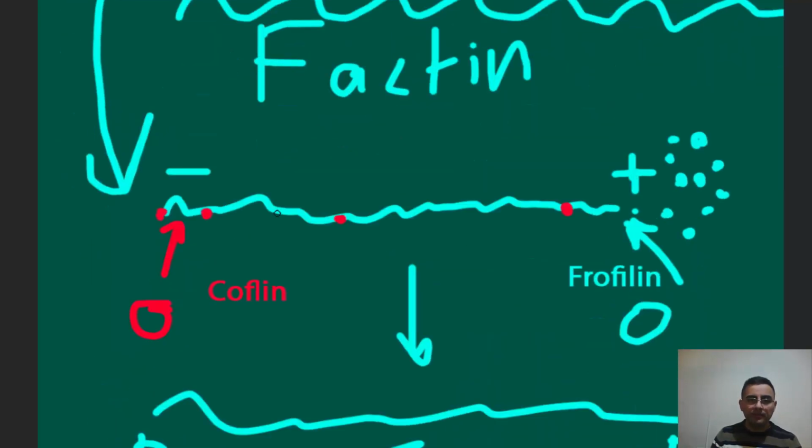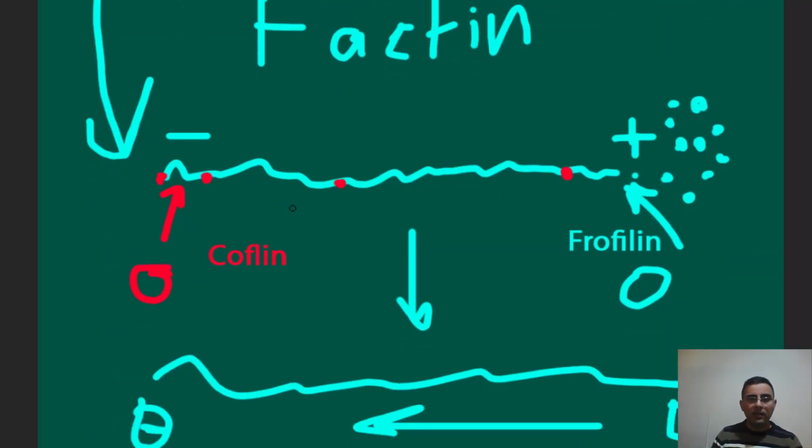F-actin. Microfilaments are polarized. This side is plus, this side is minus. Profilin is the protein which promotes assembly from monomers. These points are monomers.